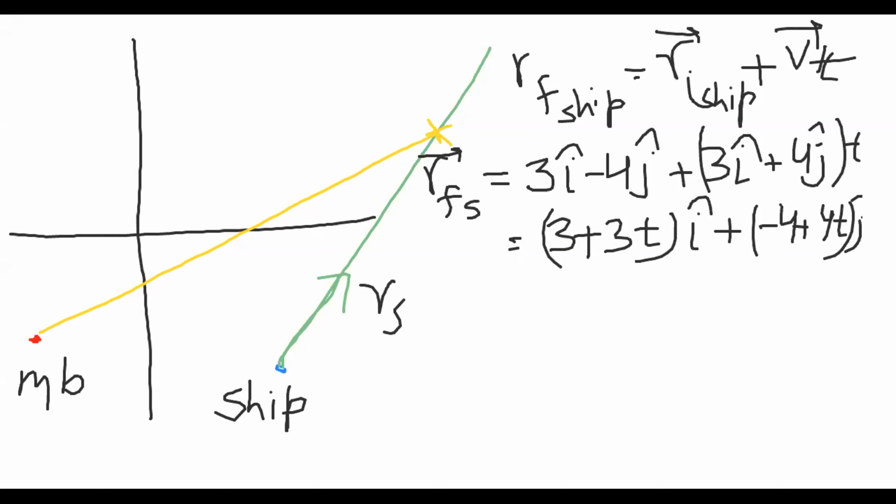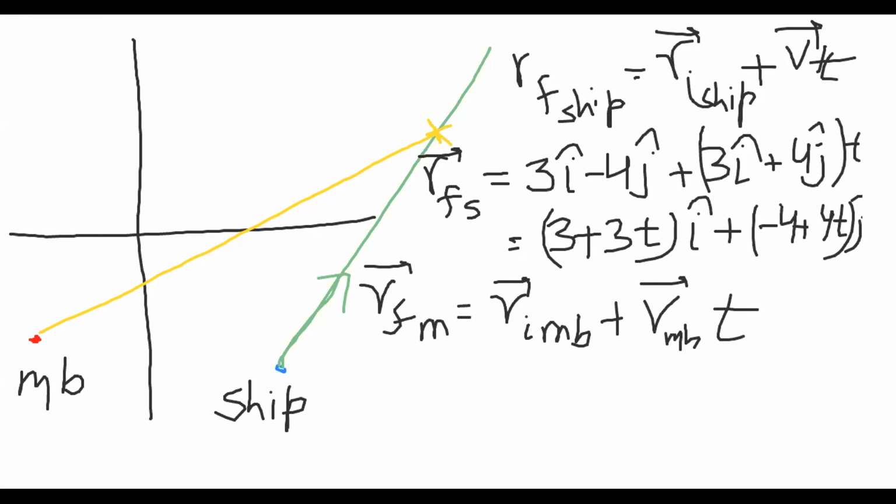Let's now work out the final position vector of the motorboat. This again will be equal to initial position vector of the motorboat plus the velocity vector of the motorboat multiplied by time. But velocity vector of motorboat is unknown.